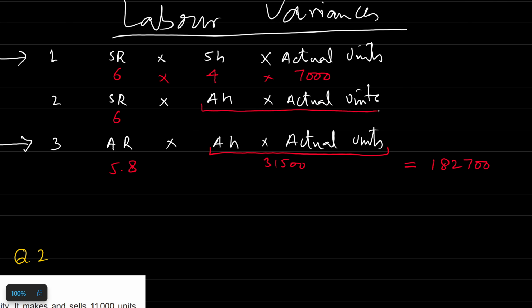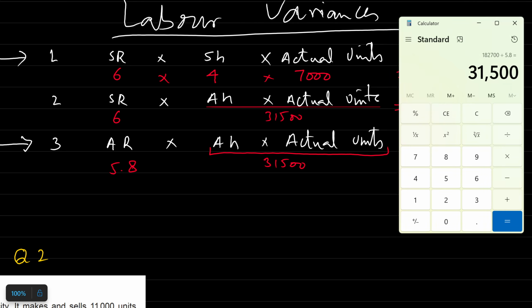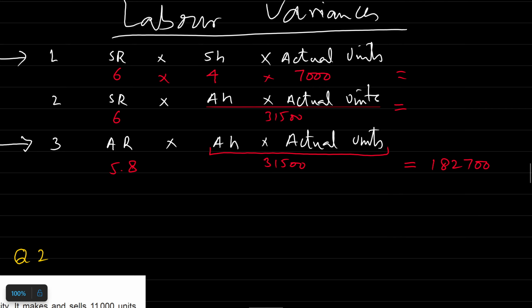This will also be used in the second line, 31,500. So now we are able to calculate the answers of all three lines. First line, 6 into 4 into 7,000. The answer is 168,000.